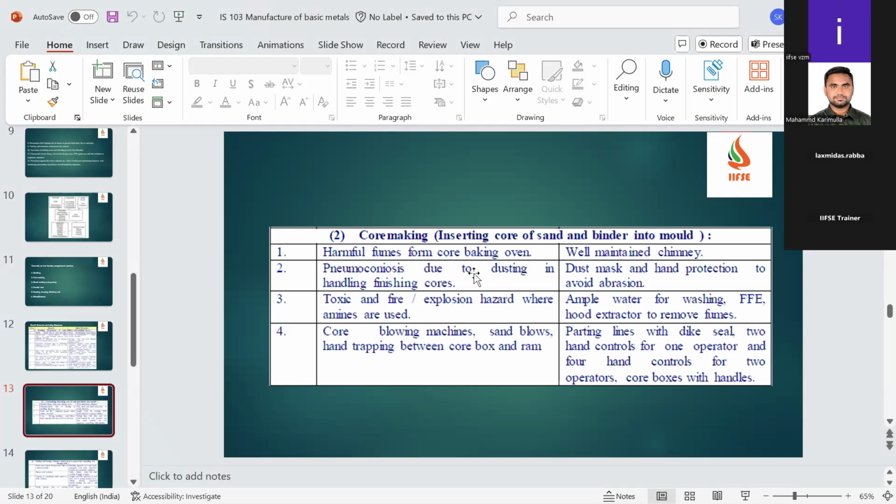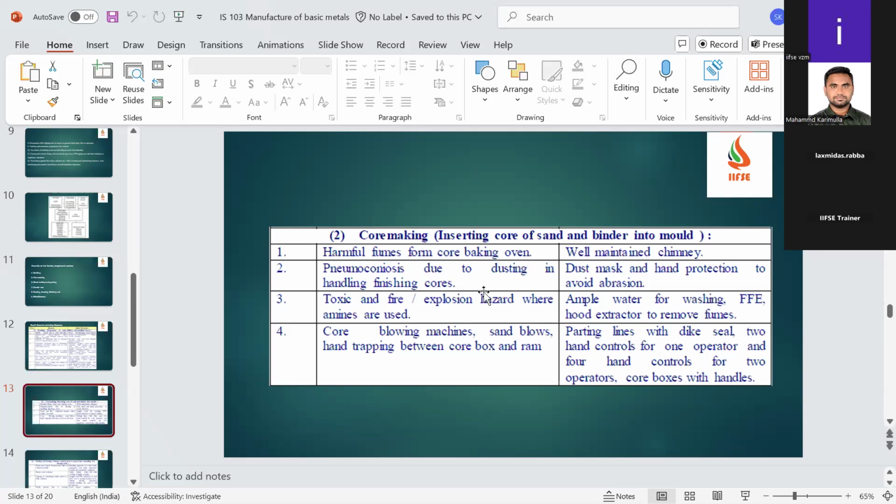The baking process uses ovens, like the micro ovens we have at home. In the same way, they use big ovens to bake these cores. There is also dust exposure while handling and finishing the cores, so they apply dust masks and hand protection to avoid abrasion.